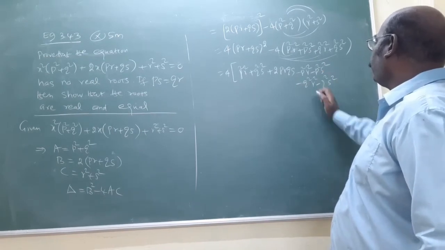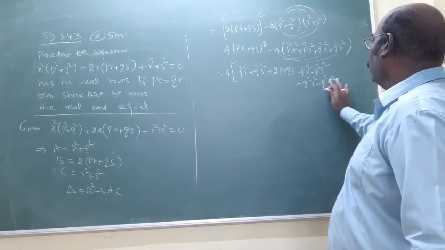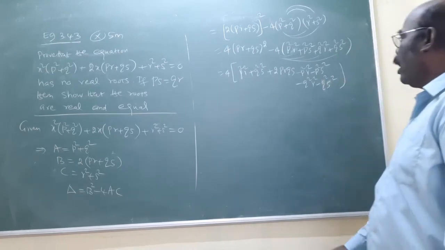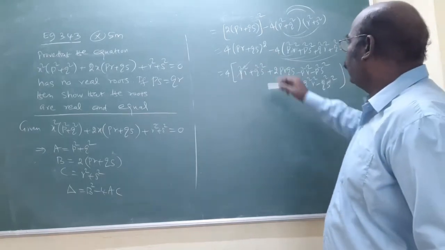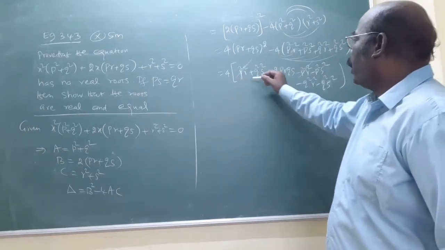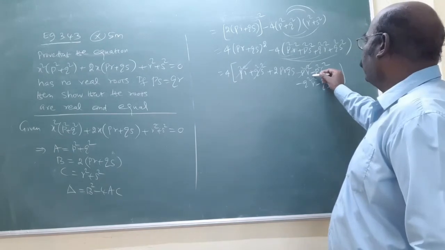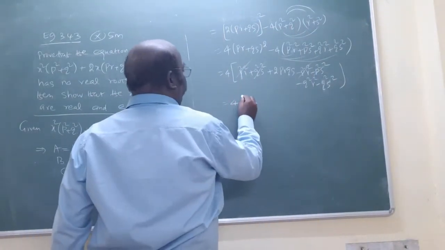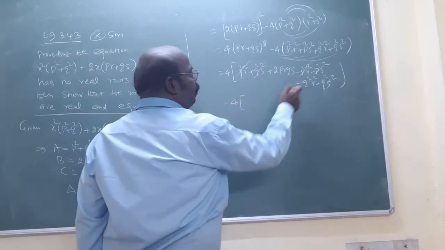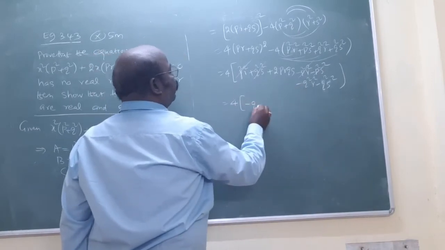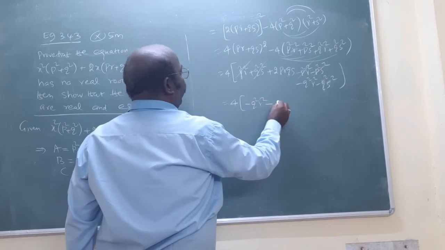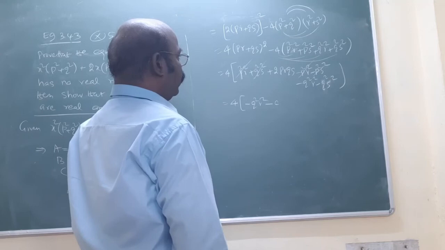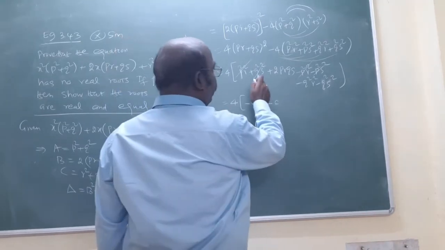Am I correct? Now this should be cancelled, this is also cancelled. After the cancellation, what is the remainder? The q²s² only comes down.